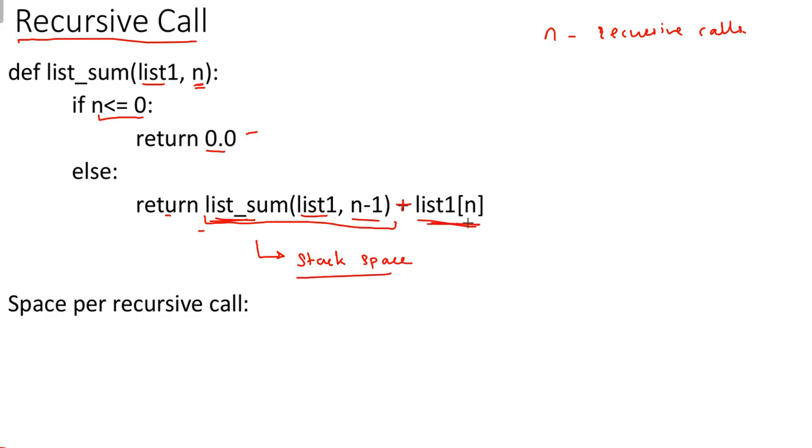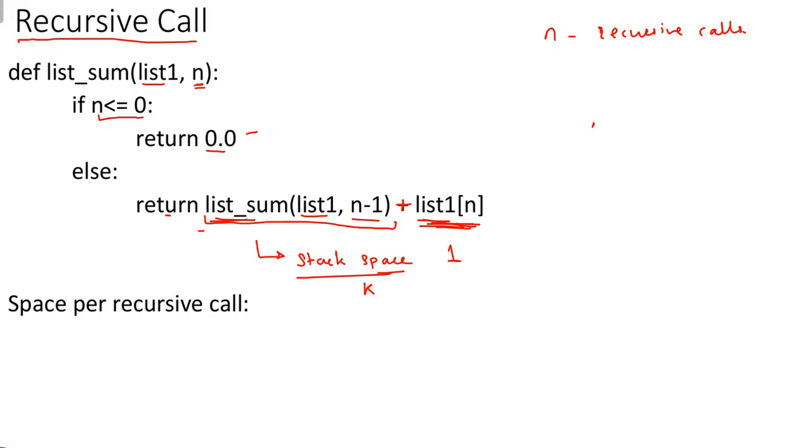Plus, each recursive call will have one list element as well. So in each recursive call, the list sum may be taking some space on the stack, and let's define that space as k, and that list 1 of a particular index, let's say it takes 1 unit of space.